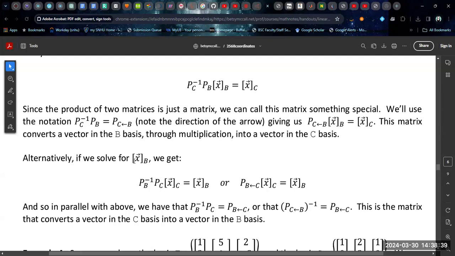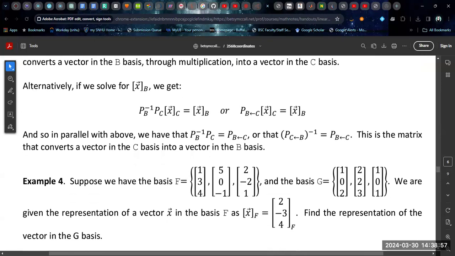Likewise, if we're trying to get to a basis B, then the notation would be going from C to B in the subscript. And that's because on the left, you're multiplying by the PB inverse, and on the right, you're multiplying by the standard basis PC.